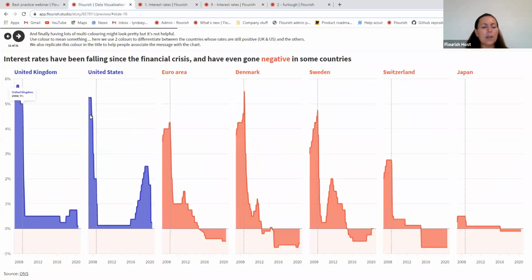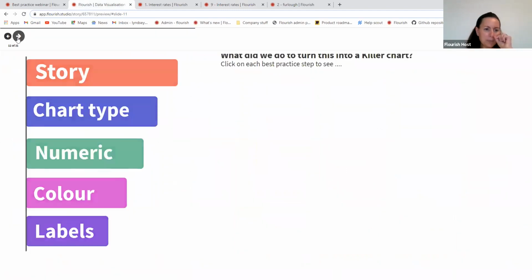Okay, so hopefully that's helpful. On to my second example. Oh, sorry. So just to summarize what we did, this story and these slides will be available to you afterwards. And this is just a summary about what we did for each step to improve our chart.